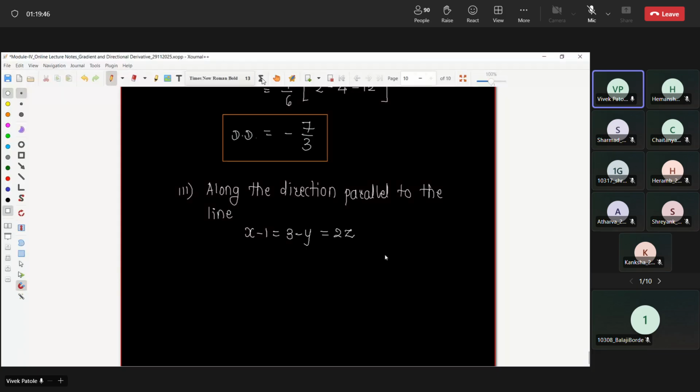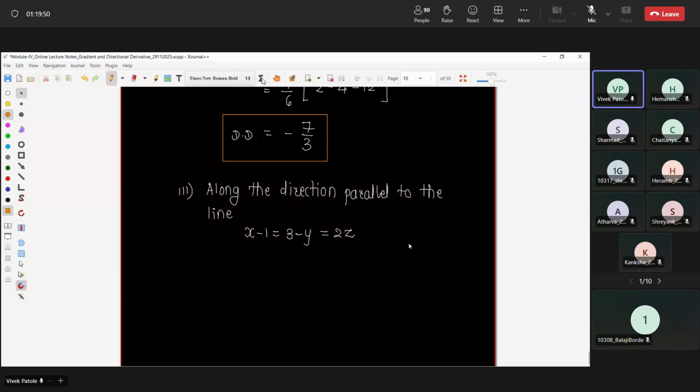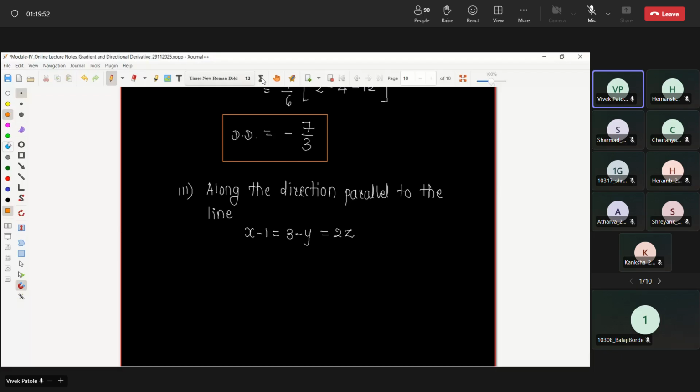Correct? Now, you just recall, is it in the standard form which I wrote earlier?